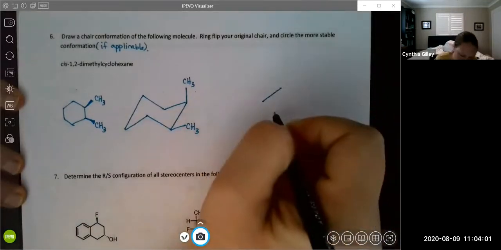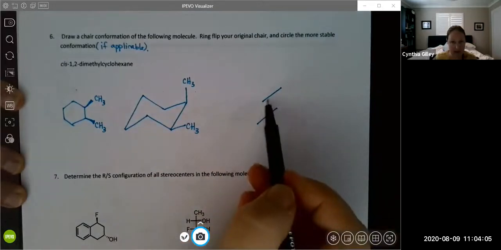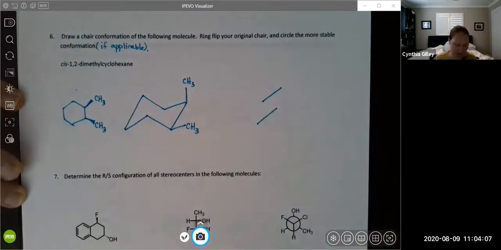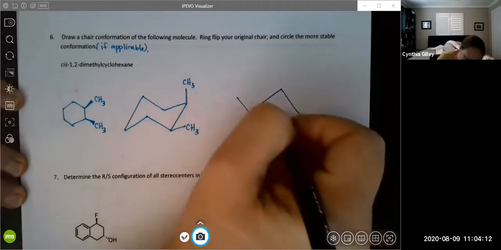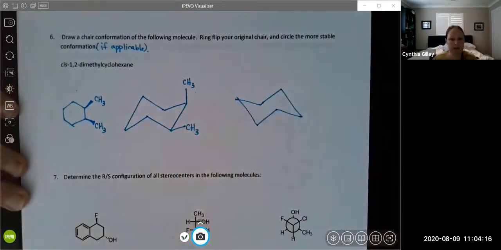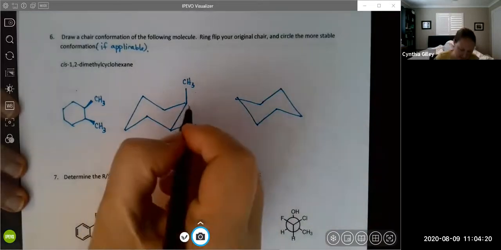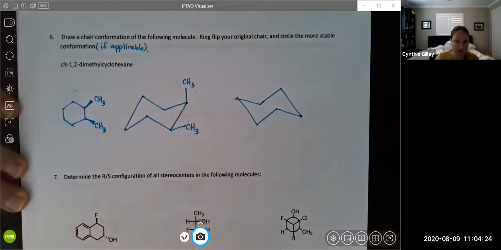Right, and then if I do a ring flip, when I draw the other chair, I sort of go down and to the left. Remember the line that's higher up goes further up on the paper. 90-degree angle from there, and then connect. Okay. And then just note that this carbon is now this carbon, so it is sort of dipped down in the ring flip.